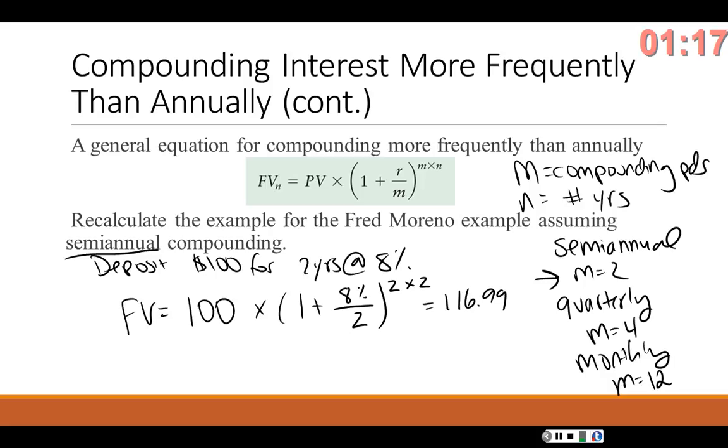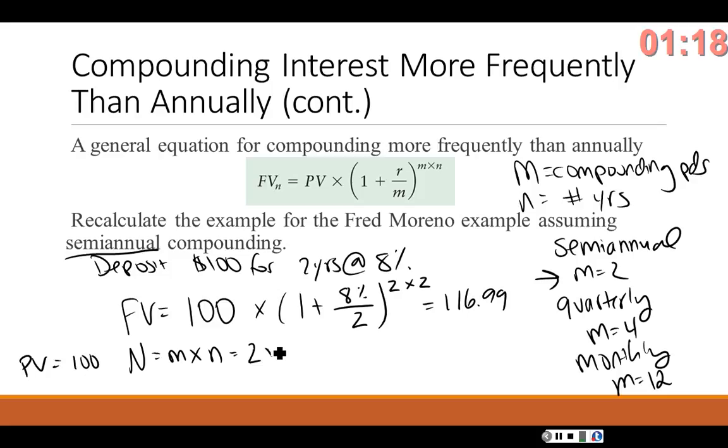So we can do this in our calculator as well, but there are some modifications that you need to make. If you were to put this in your calculator, the present value would be the $100. N, the number of periods, would be equal to M times N, so the number of compounding periods times the number of years.